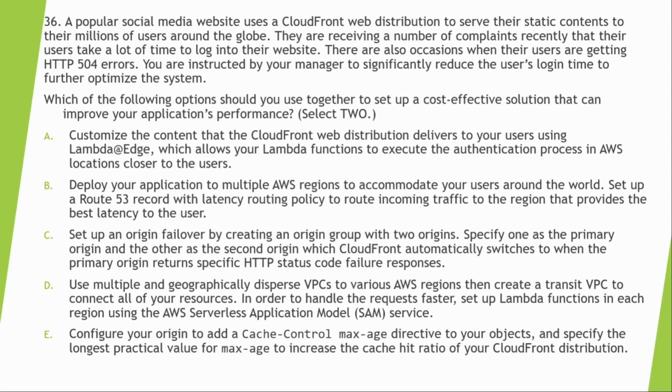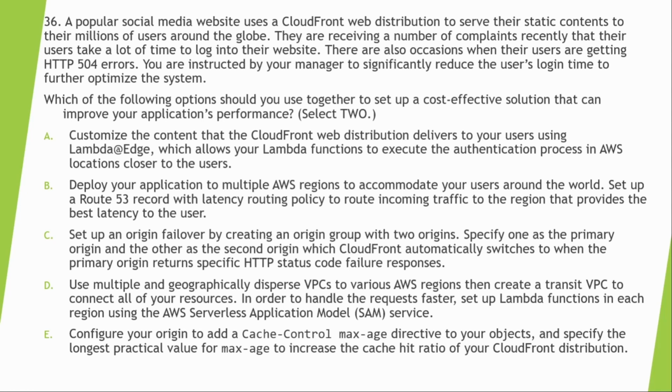Now let's see why D is incorrect. Use multiple and geographically dispersed VPCs in various AWS regions. Then create a transit VPC to connect all of your resources. In order to handle the requests faster, set up Lambda functions in each region using the AWS Serverless Application Model (SAM) service.